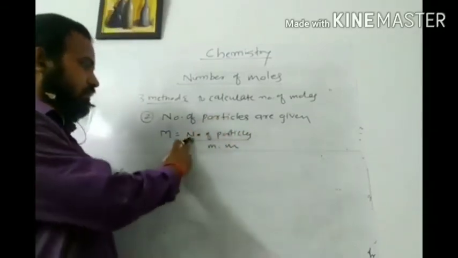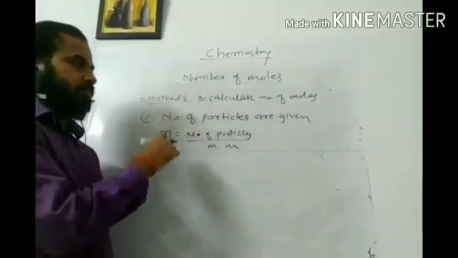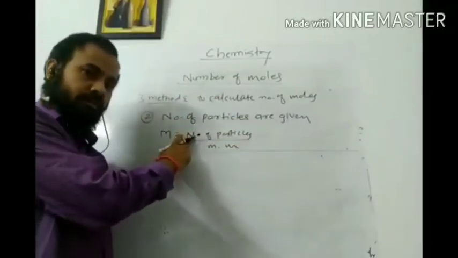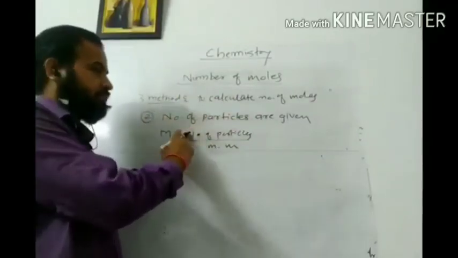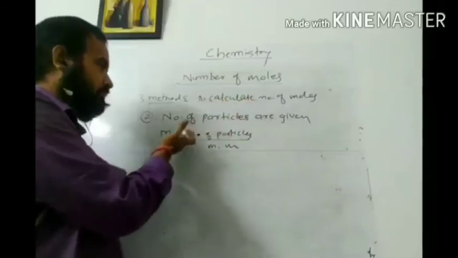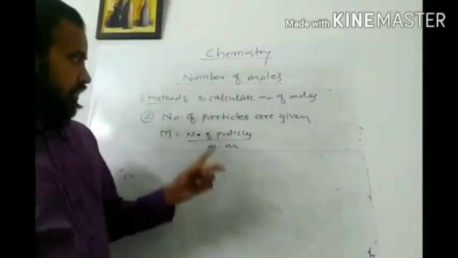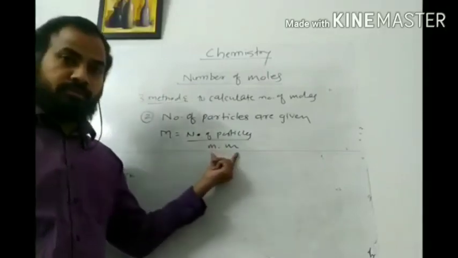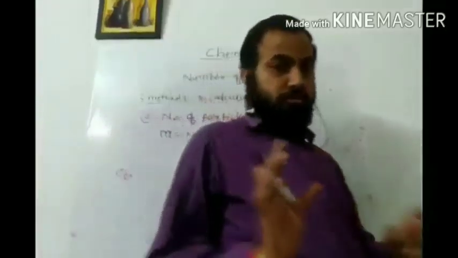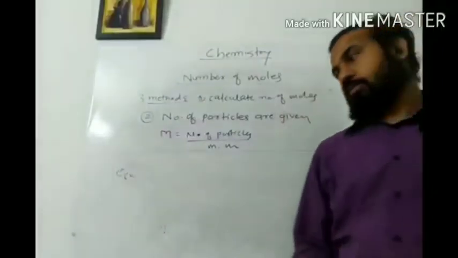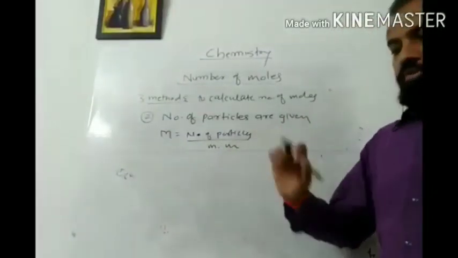Only we have to replace the name of that method. If weight is given, we take the weight of that substance. If number of particles are given, we use the number of particles, because the denominator is the same, molecular mass. In all 3 methods you have to calculate molecular mass. That is why I give 4 to 5 examples to calculate the molecular mass. This is most important.